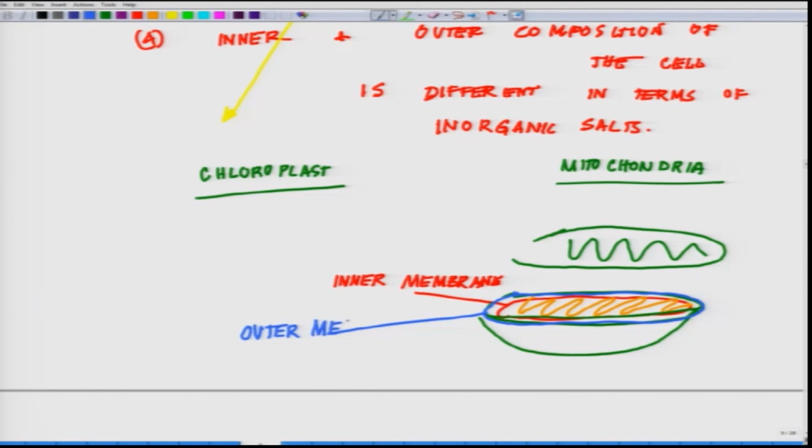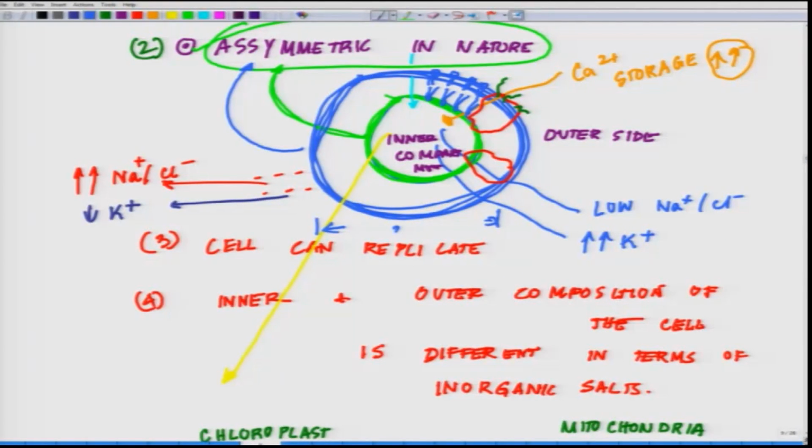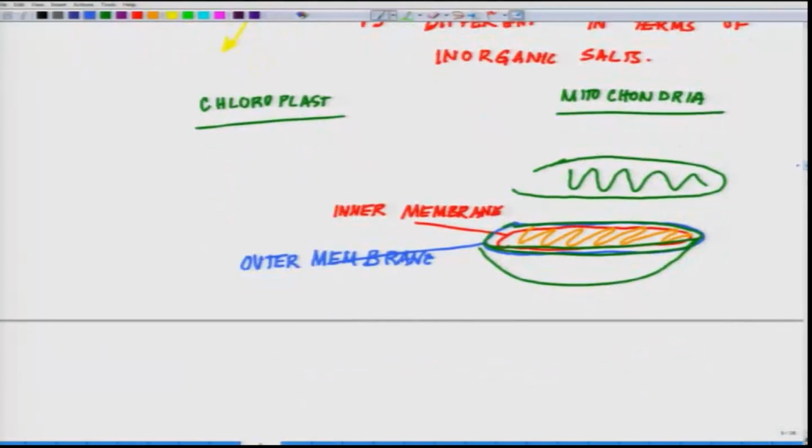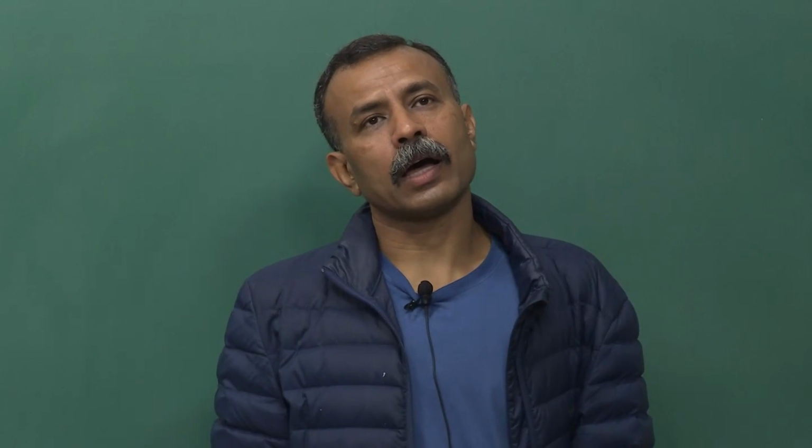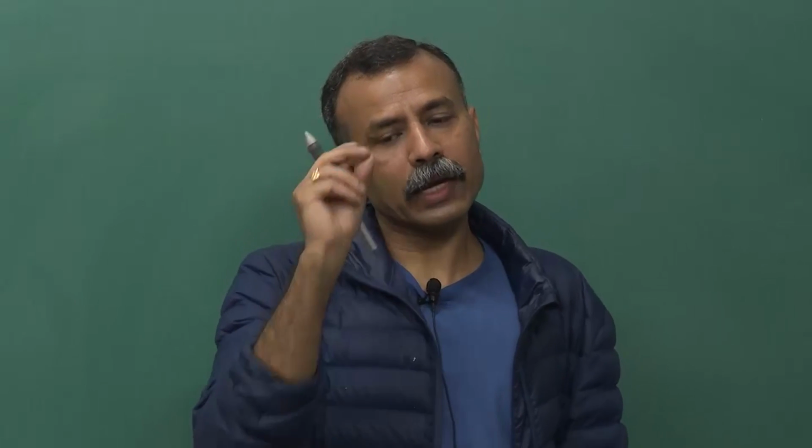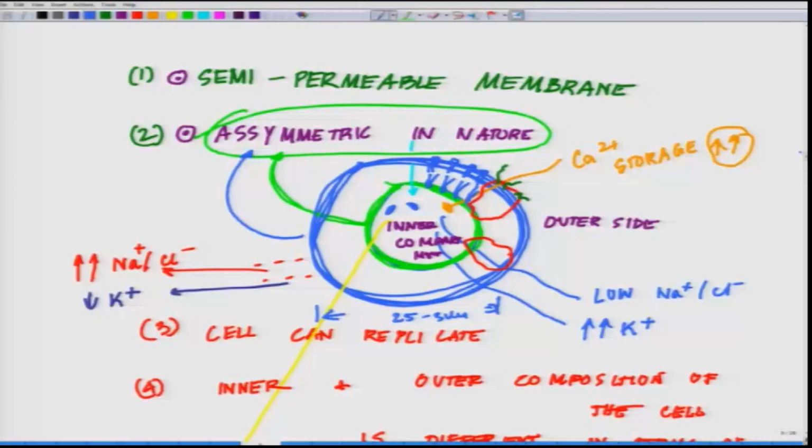If you look at the cell, this cell dimension is say 25 to 30 microns, and within that we are talking about structures which are probably 1 micron, and this is the structure of mitochondria or chloroplast. It is possibly even 1 micron or less. This is how small these are, but yet what is important to realize is that these structures also follow the same geometry, or same consilience.